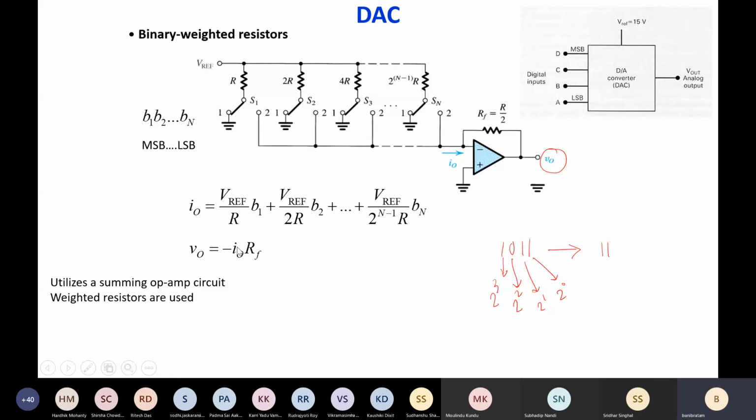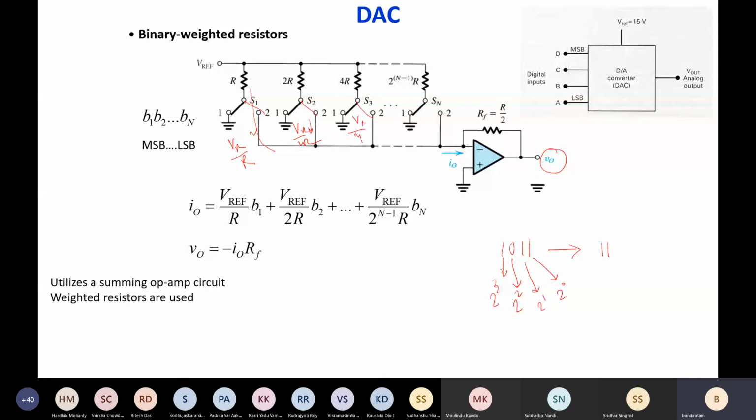Okay. So in this way, what is the current flowing across this one? Suppose this is connected, then the current flowing in this branch will be Vref by R. If this one is connected here, then the current flowing across this will be Vref by 2R. When this one is connected here, then Vref by 4R.